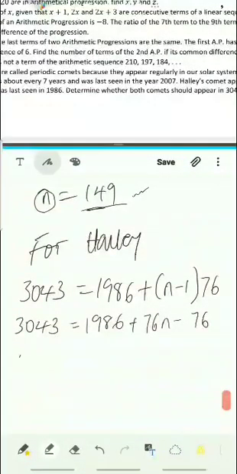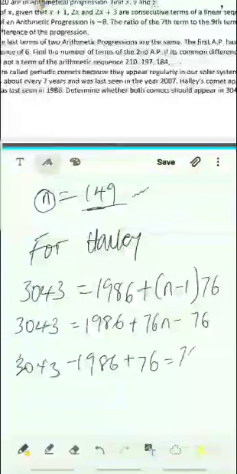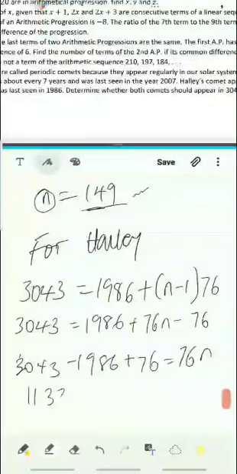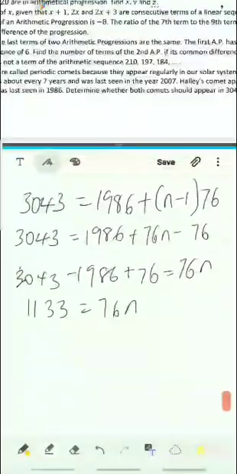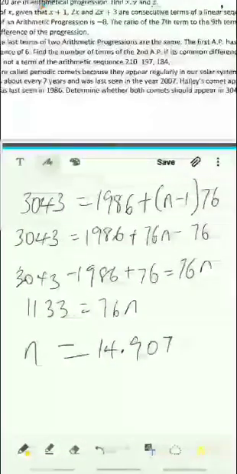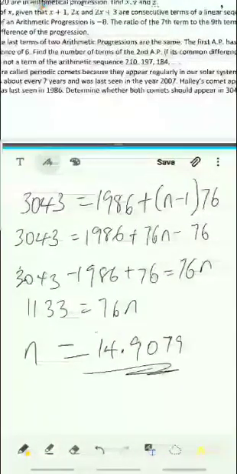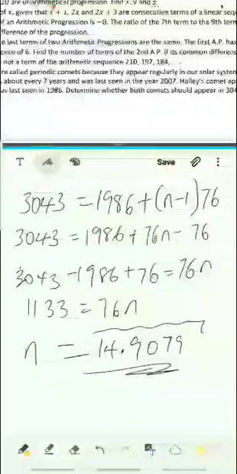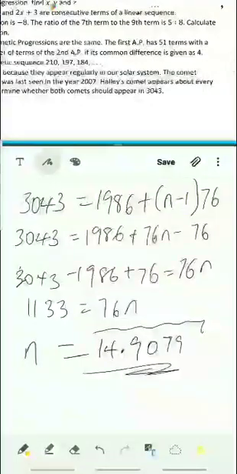So 3043 minus 1986 plus 76 equals 76n, and this gives me 1133 equals 76n. N is 14.9079 thereabouts. Since n is not a natural number, the comet Halley cannot occur in the year 3043. So they cannot both occur in 3043. Only Kojima is going to appear in the year 3043.